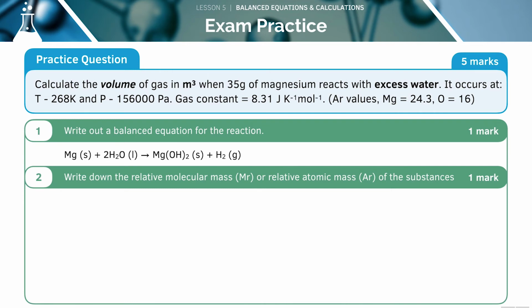Now, we need to write out the Mr or the Ar of each substance. So here we can write out our Ar of magnesium is going to be 24.3.